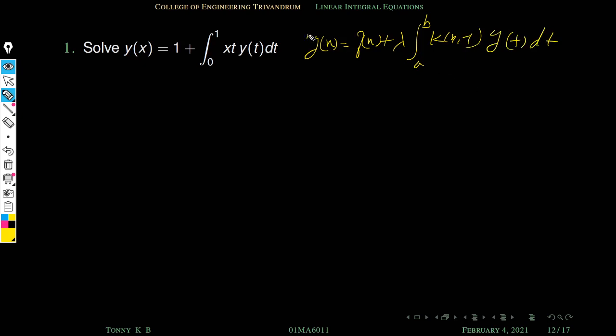Comparing with this standard form, here f of x is 1, lambda is 1, and the kernel is xt. Anyway, we have to find the iterated kernels.